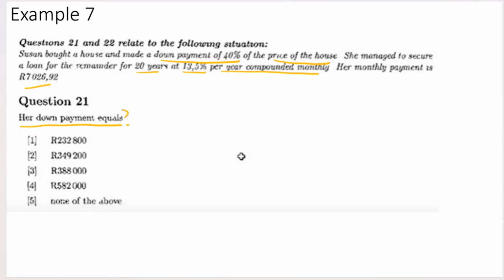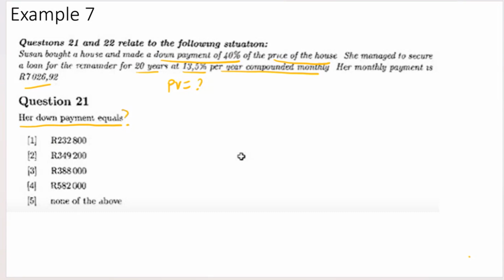Okay, let us break down all the features of our example. Let's look at what it is that we know. Remember, if you're looking at the payments, you need your present value. For these questions, you need to have your present value. You don't know your present value.